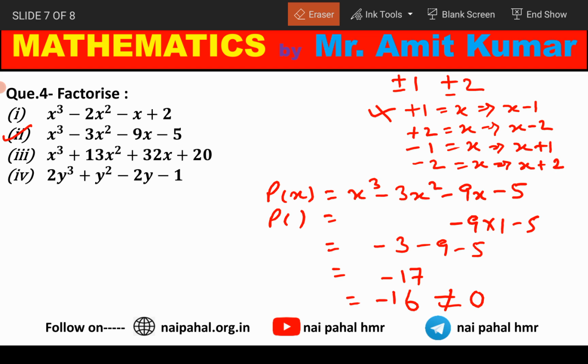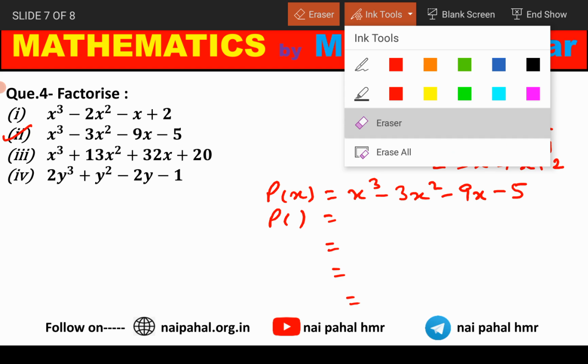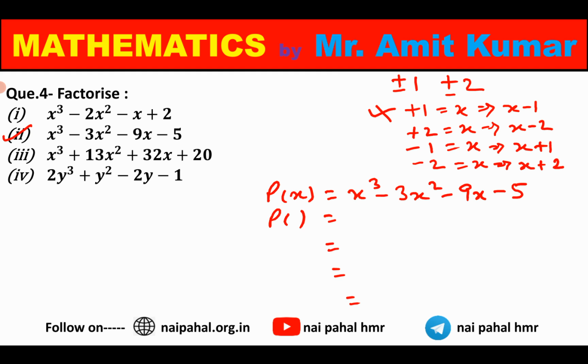Let's continue with the second part, where we have x cube minus 3x square minus 9x minus 5. Again the same approach: I have already told you that you have to use plus minus 1 or plus minus 2. First you have to use the trial and error method.